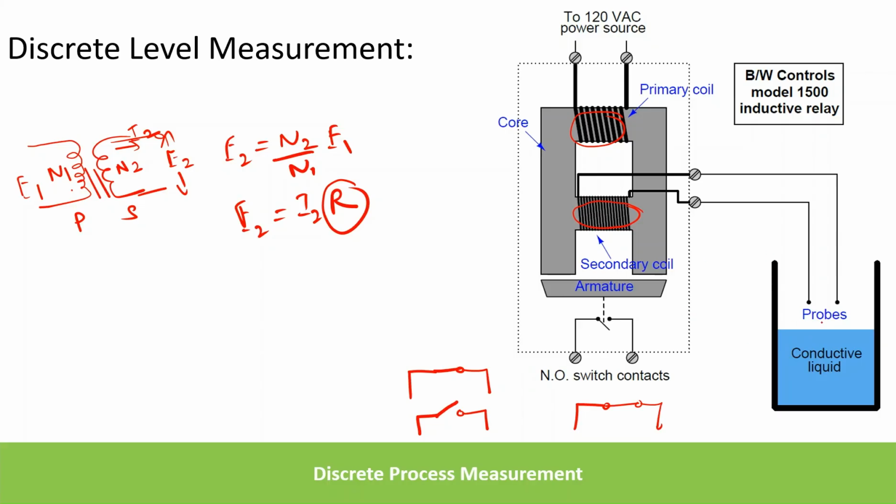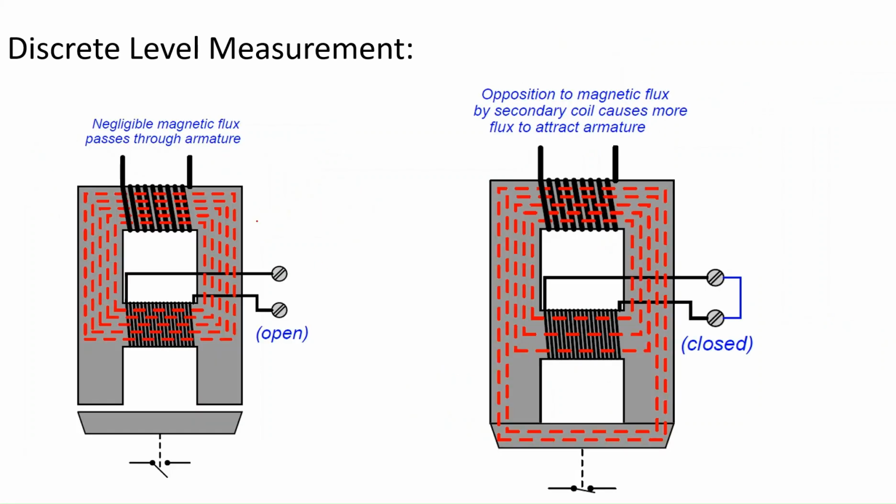So how this inductive relay is used for controlling the liquid level inside the tank, here we'll see. This is the primary winding to which voltage is applied. Whenever the liquid level has not been reached, we have connected these probes in such a way that they are in open condition, meaning there is a high resistance path between these two. What will happen is that whatever magnetic field is generated is confined to this location. Because of that, this armature will not change the contact; it will be NO only.